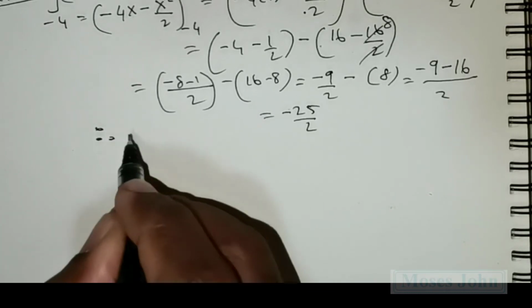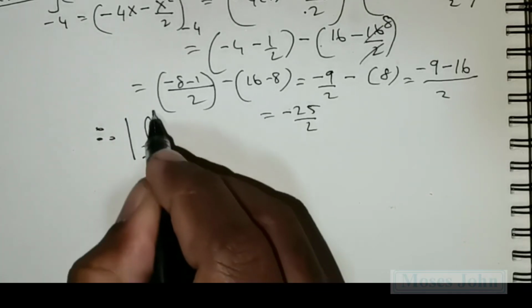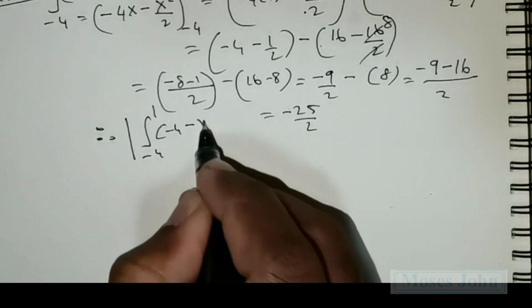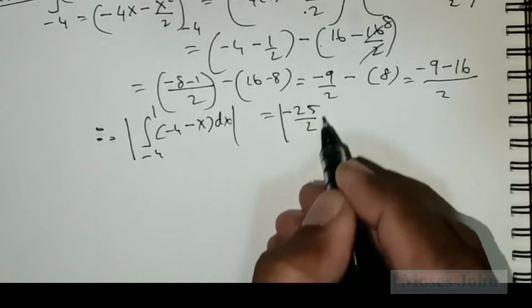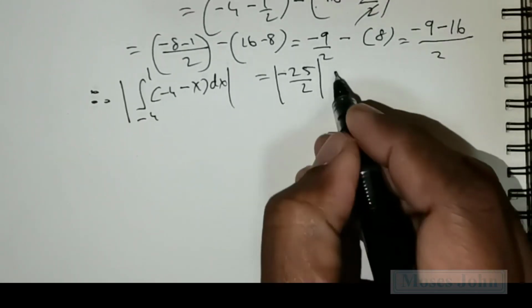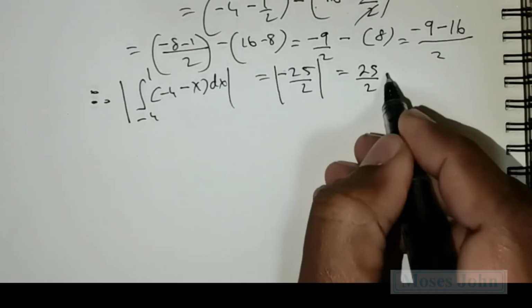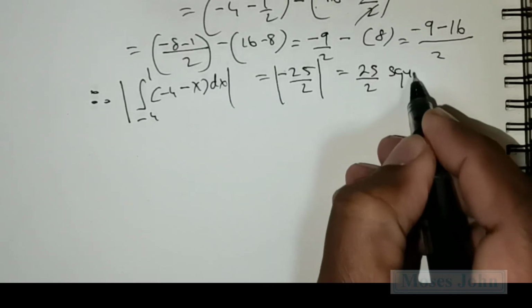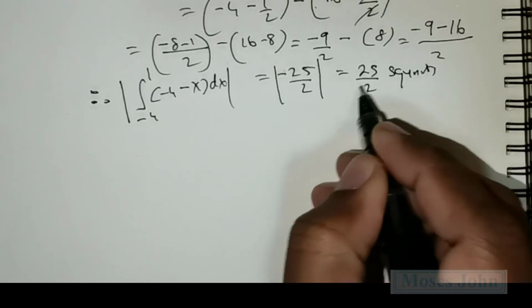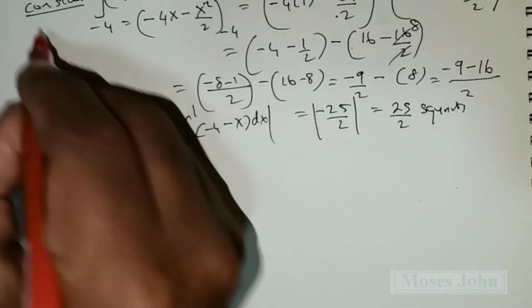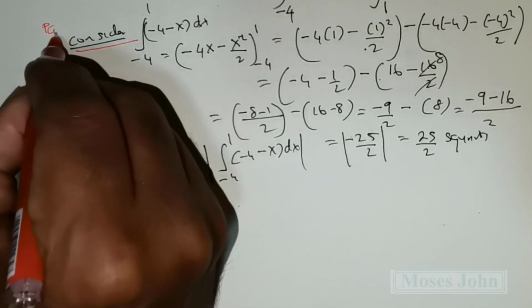So therefore, the modulus of the integral from −4 to 1 of (−4 − x) dx will be |−25/2|, which is 25 divided by 2 square units. This is for part 1, the first part.